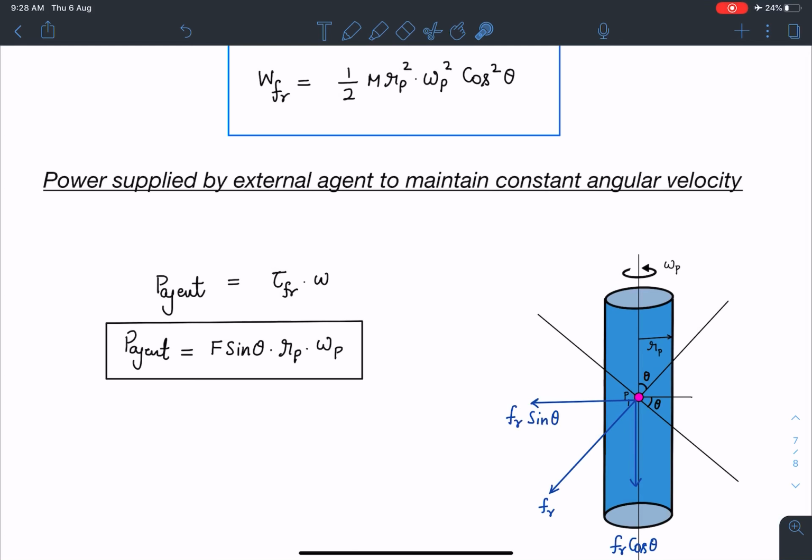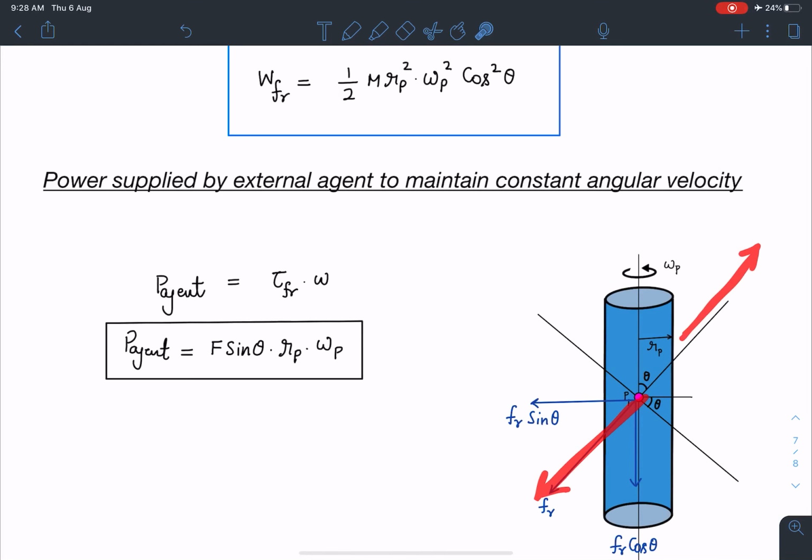Definitely net work done on cylinder P is also 0. Alright, so here this P agent, I can say, is opposite to friction. The friction is acting in the opposite direction on cylinder P. On Q it was acting in this direction, so on P it is acting in the completely opposite direction.